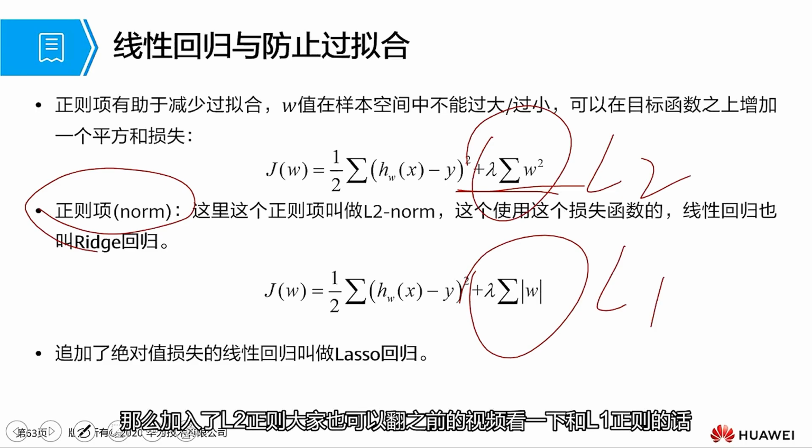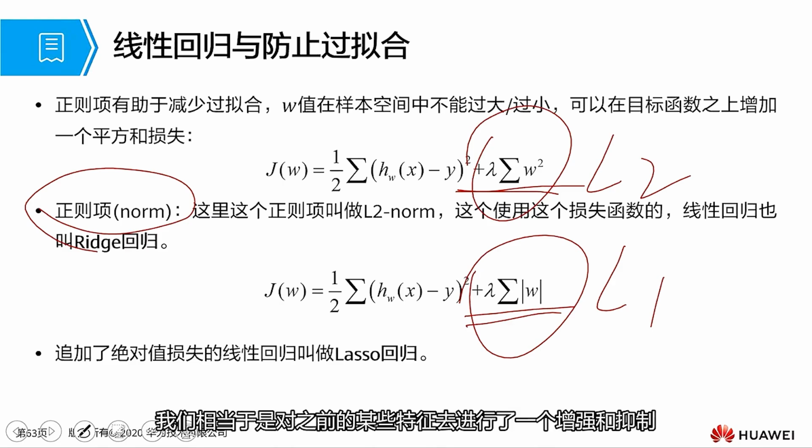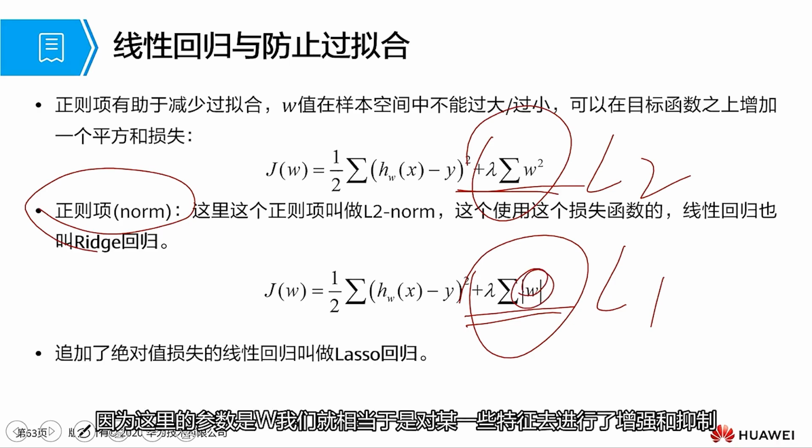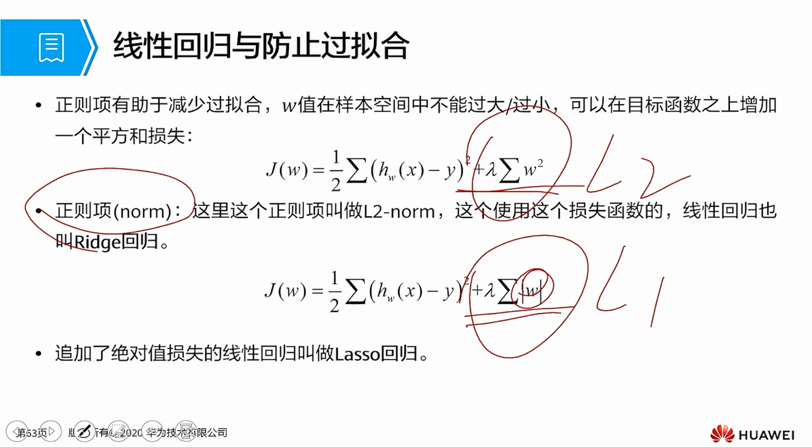Everyone can understand, is this the way? Because the parameter here is W, we are equivalent to performing an enhancement and inhibition on some features. It has achieved such an effect. In other words, we have selected some features, using only a portion of features to complete the fitting, so it can play a role in preventing overfitting.